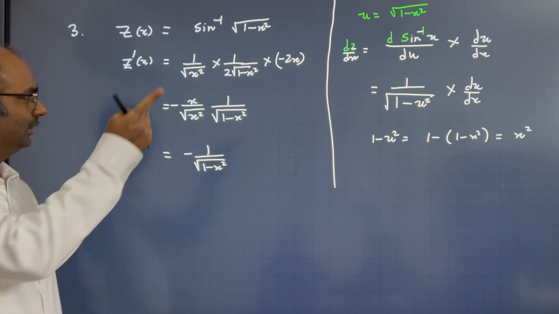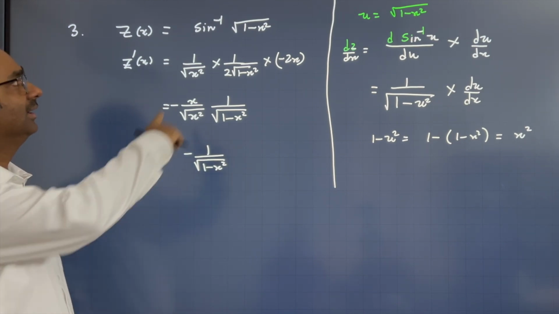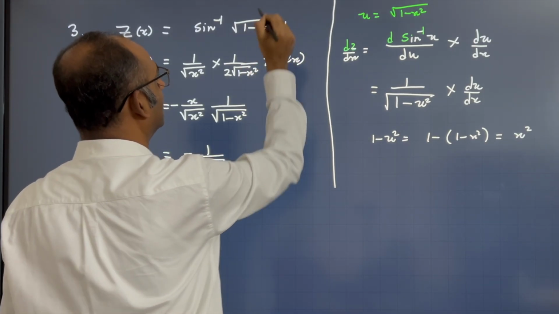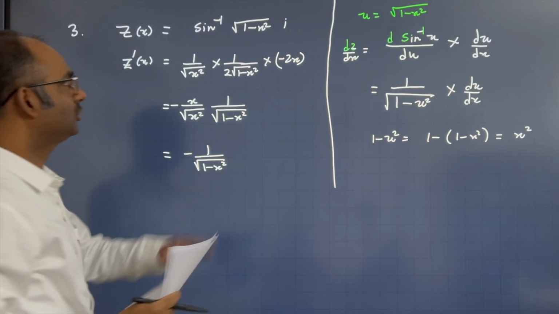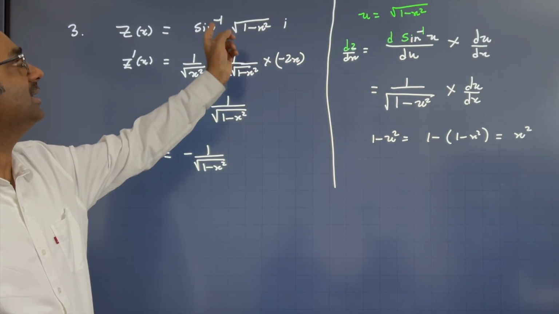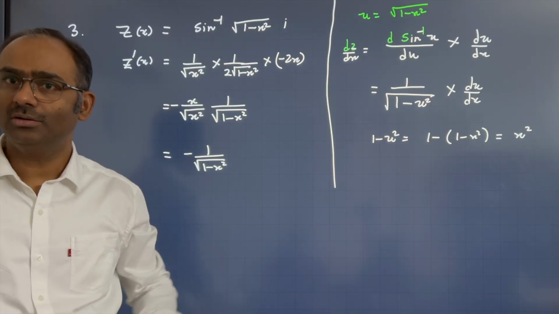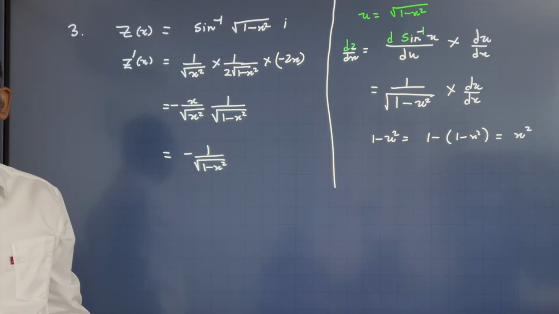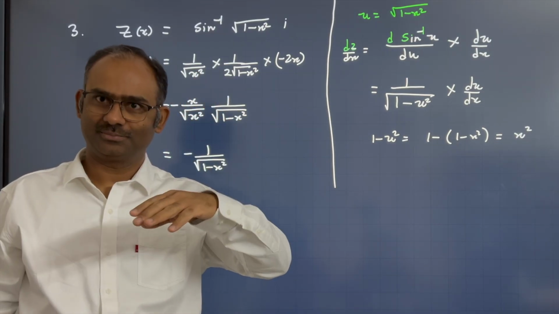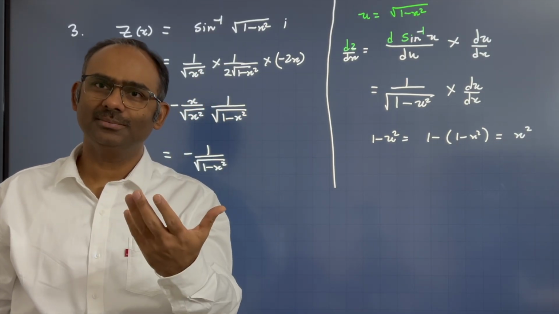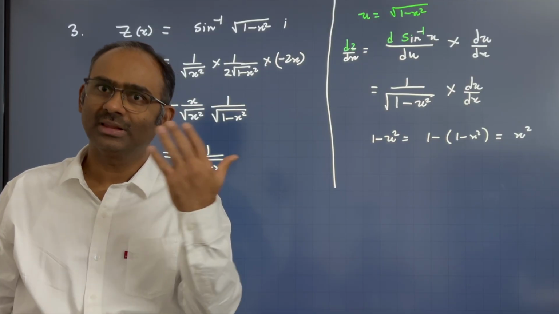Before I tell you what is not correct here, let me first tell you the domain. What should I take the domain to be? What values of x should be allowed? If it was just sine inverse of x, then I can take the domain to be minus 1 to 1.